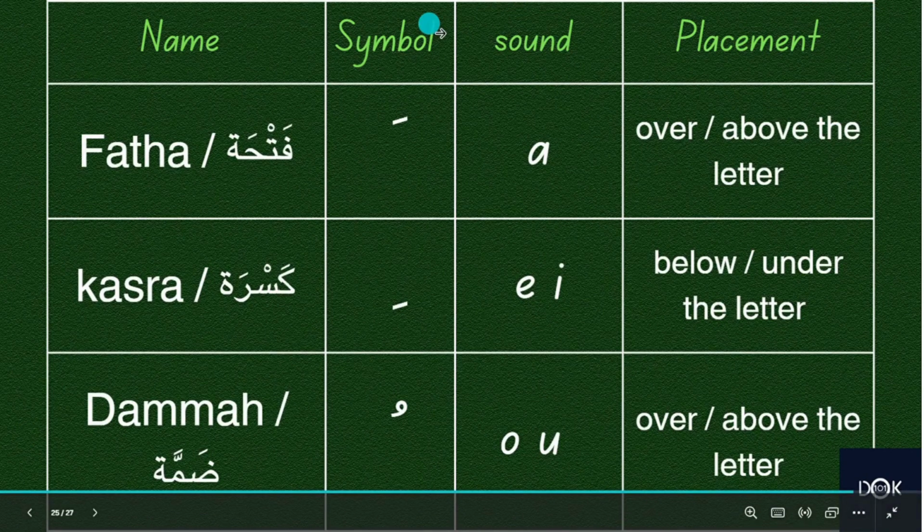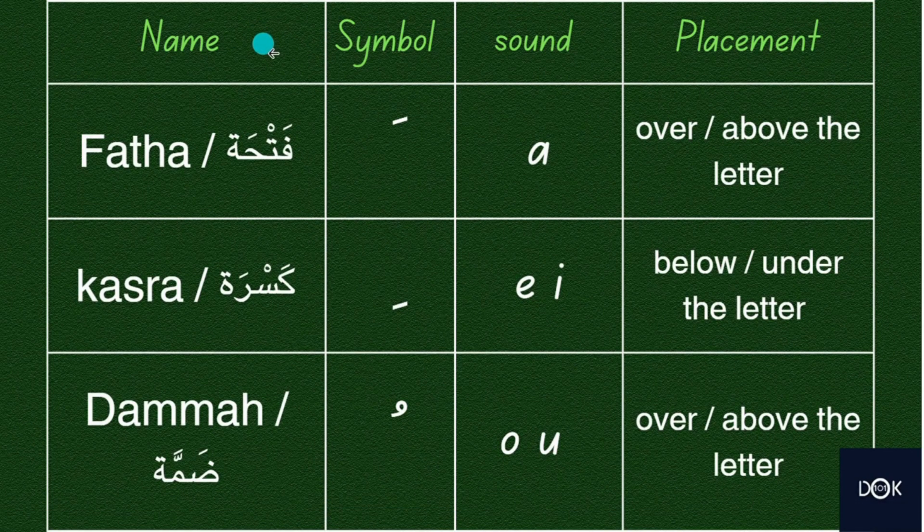Alright, so here is a table showing the name of the harakat, the symbols used for them, how they sound, comparing them to the English vowels, and their placement. So the first one is called a Fatḥa, and the symbol is a diagonal line, and the sound of Fatḥa resembles the English vowel A, and it is always placed over or above the letter.